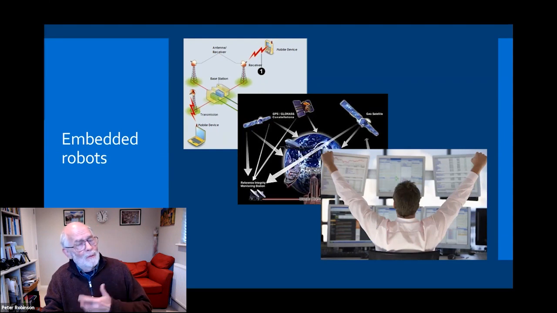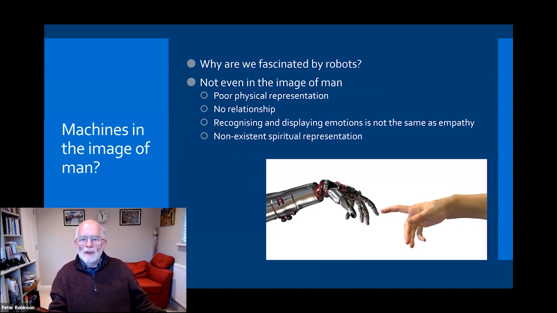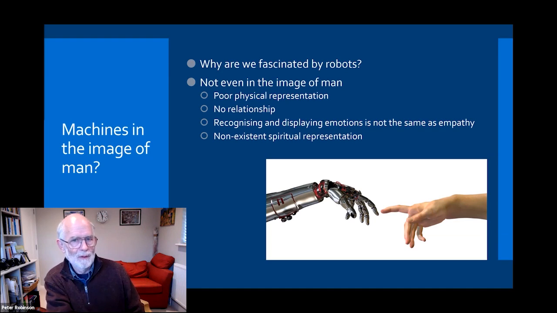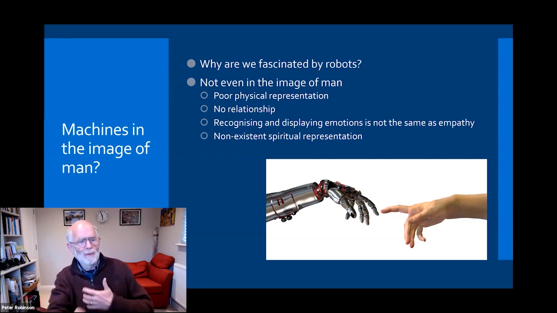And it's funny, when people talk about robots, they immediately think about humanoid robots, and they're nervous about them, and they think they're going to take over. Well, they're not really good representations. I mean, our robotic head is one of the best there is, and it's useless. So it's a very poor physical representation. There's no relationship. There's no real emotion. They can monitor and pretend emotions, but they don't really have them.